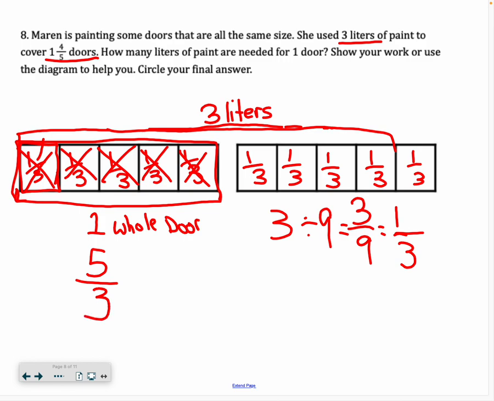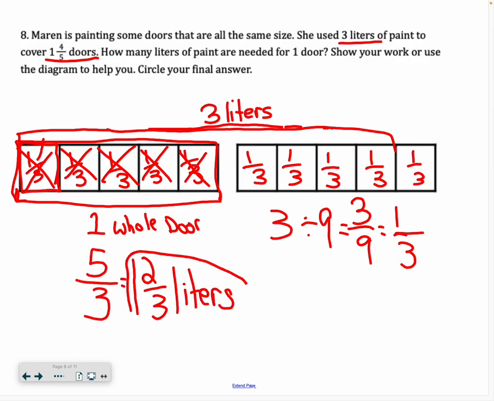Which I want to turn to a mixed number, 1 2/3 liters of paint per door. That was a toughie. If you struggled with that one, you probably were not alone.